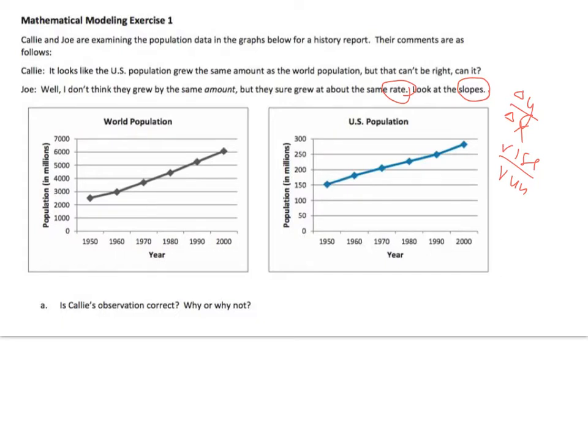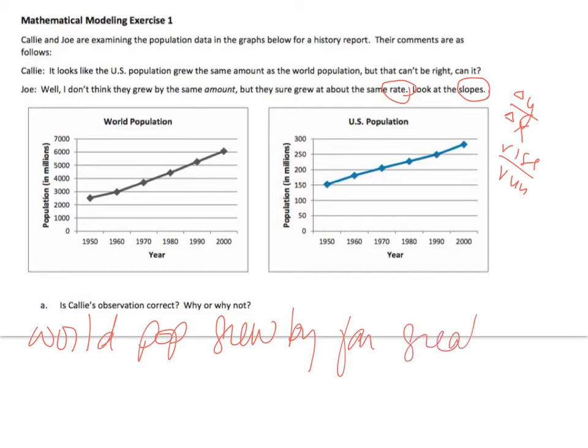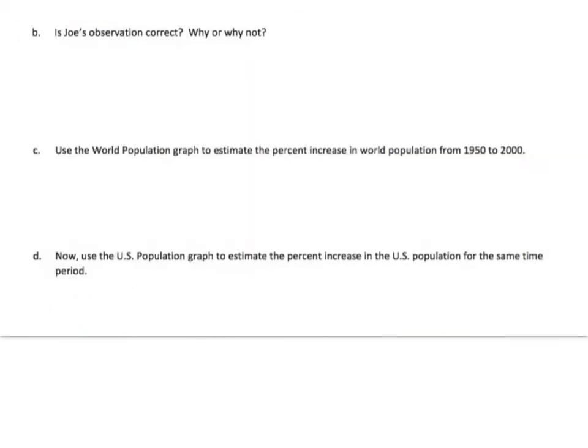So the world population grew by far greater. Is Joe's observation correct? No, Joe ignored the scale. It looked like the same slope, but he ignored the scale, just like Callie ignored the scale.